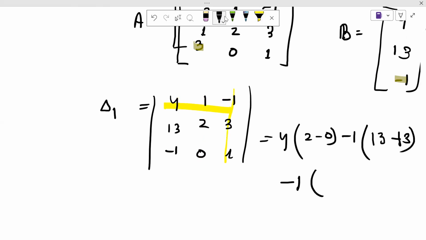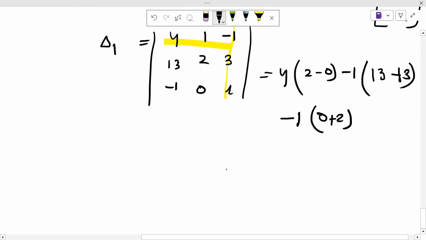What is the value here? 13, 0 plus 2. So what is the value here? That is 4 into 2, that is 8, and 13, 3, 16, minus 16, and that is minus 2. And that is only for the 18 plus 8 minus 10. Del 1 is minus 10.